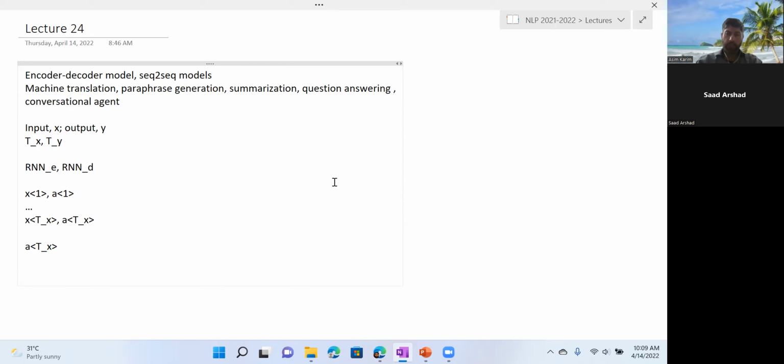So this becomes the first activation to the decoder. Okay? And the idea is that this A of the encoder has captured all the information from the source language or the source text.